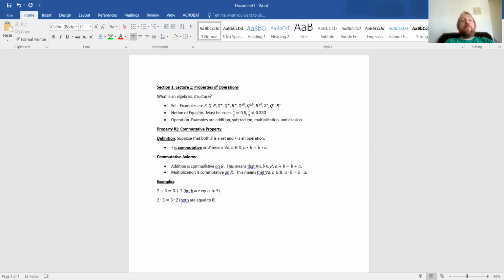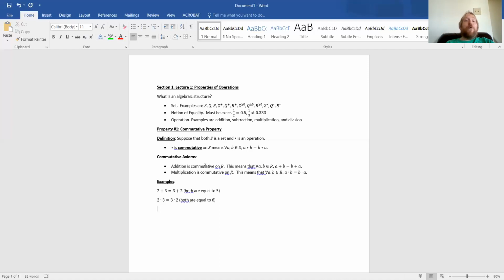The last comment that I would like to make about the commutative property for addition and multiplication is that commutative is a property of an operation. And what that means is addition is a commutative operation. Once we know that addition is commutative on the set of all the reals, we know automatically that it is commutative on any subset of the reals.